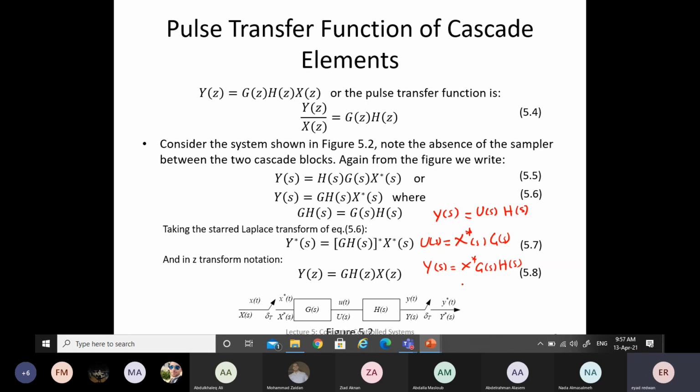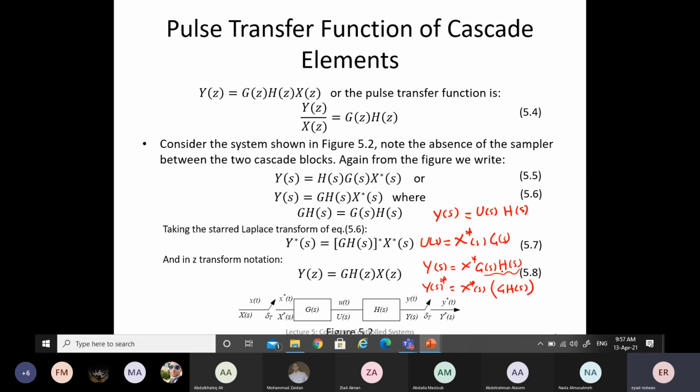So now if I want to do the starred Laplace transform for this, notice I have to multiply g times h first, then I can do the z transform. In other words, I can write y star of s equals x star of s times gh of s.